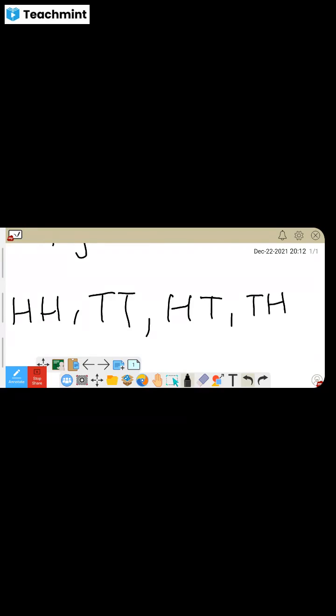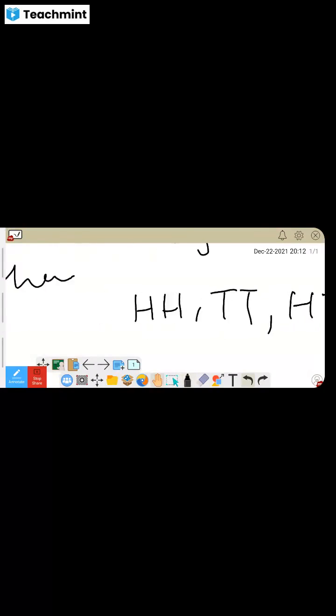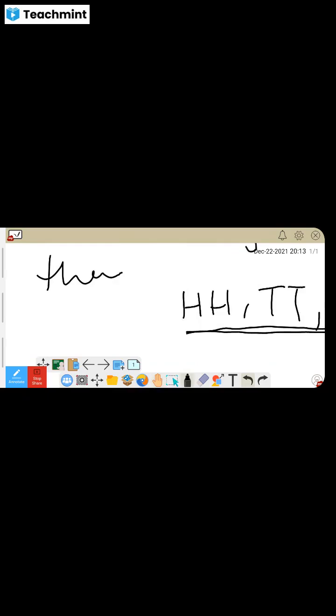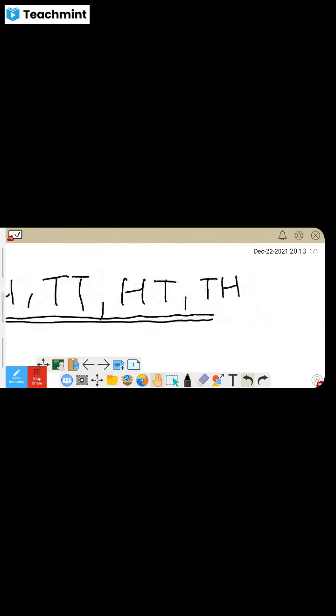So these are all the possible outcomes if we toss two coins together. If we put all these outcomes in this bracket, then we say this is the sample space S.